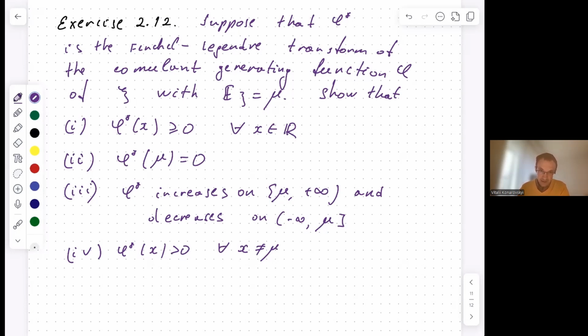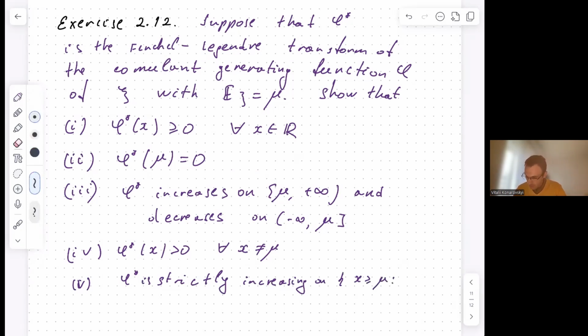And then also show that phi star is strictly increasing on the set of x, x greater or equal than mu. Of course, the Fenchel-Legendre transform can also be plus infinity, and if it is somewhere equal to plus infinity, it cannot be strictly increasing anymore.